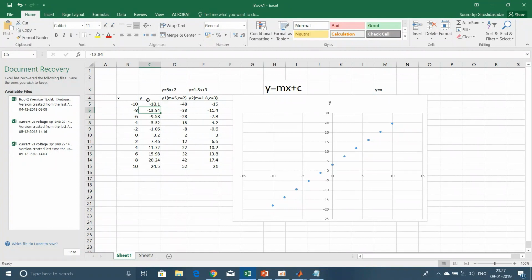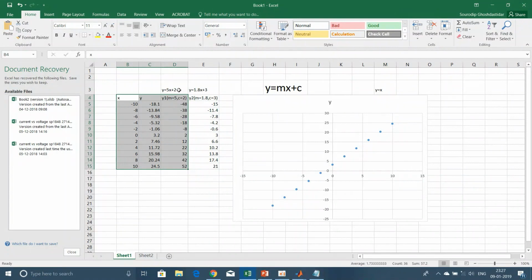So let's do a whole plot of all these values. I'm plotting the y values of the experiment and the y values of the straight line when m is equal to 5 and c is equal to 2.